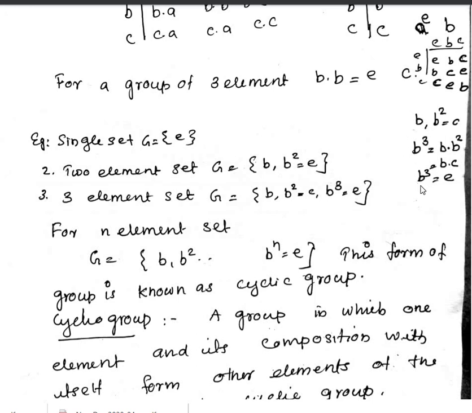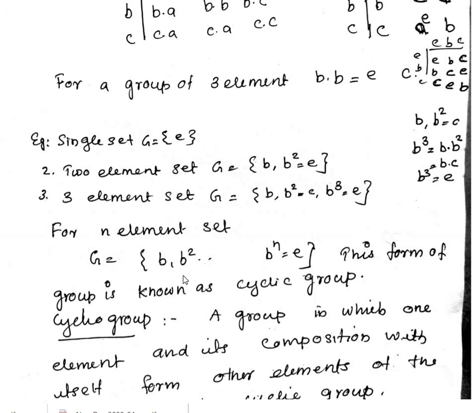That is, when it is combined thrice, we will get the identity element. So all the elements of this group are generated by B. Such a type of group is known as a cyclic group.